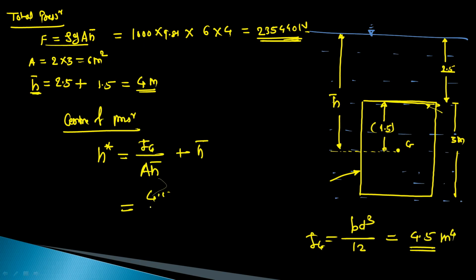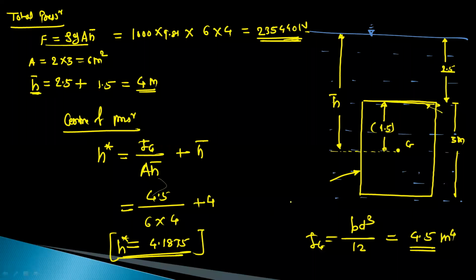So this is 4.5, area is 6, h bar is 4, plus 4. So you will get the H star value, this is 4.1875. So your center of pressure is acting at this point, and this is the H star value.